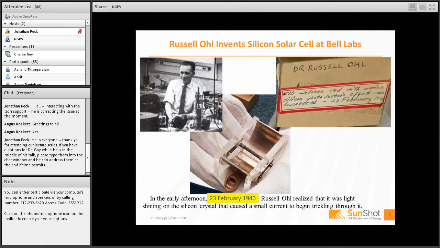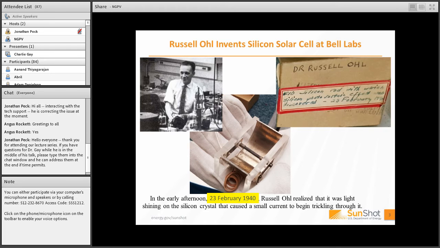what I wanted to cover here is a little bit of the history of the silicon solar cell, just for some context. It was originally invented by Russell Ohl in 1940, and part of the reason for showing this slide is to give us all a calibration on how fast our technology does change or how fast it doesn't change.